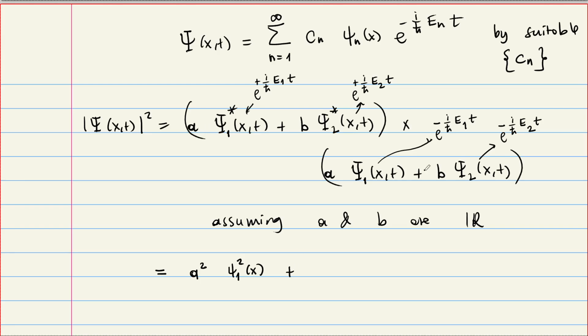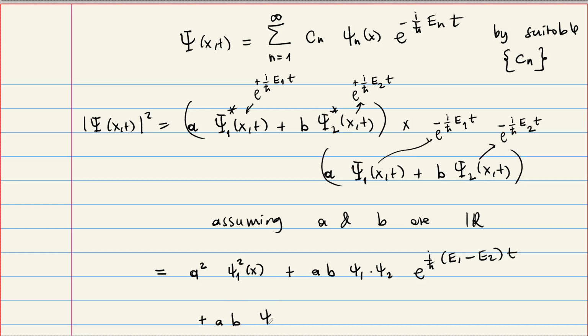Plus A times B, psi 1 times psi 2, and now I have e to the i over h bar (E1 minus E2) times t. Plus, now this term times this term, AB is equal to BA.